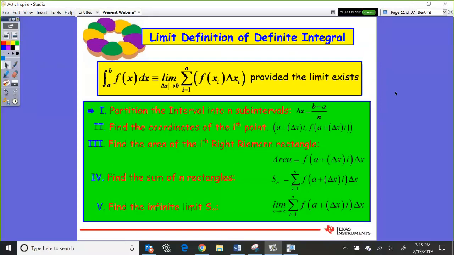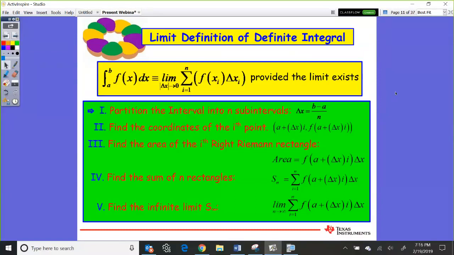I was deriving how an integral comes from accumulating a bunch of rectangles, and this is what I did. I would always ask them to start off by partitioning the n subintervals and then finding an ordered pair, and it was a right-Riemann ordered pair. Seems to be the kind that keep popping up on the test. And then find the area of a simple little rectangle, and then find the sum.